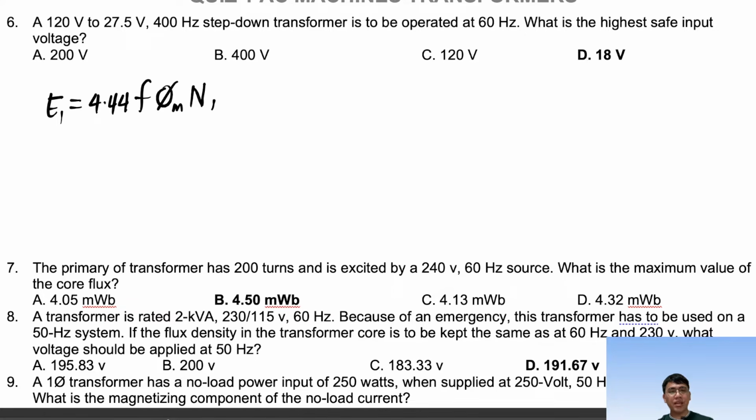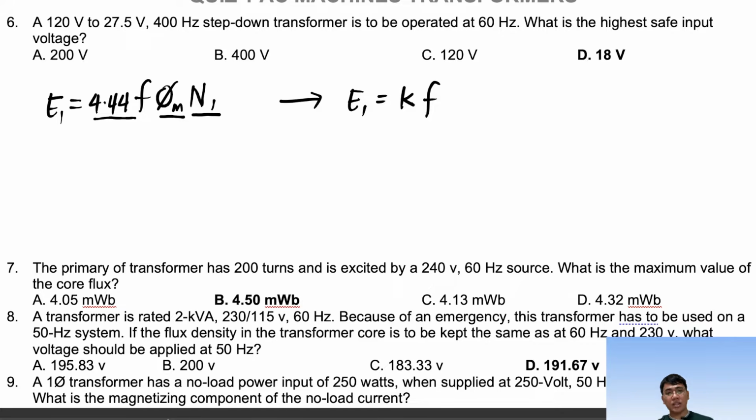And take note that 4.44, theta sub m, and N1 are going to be the same at 400 hertz and 60 hertz, because we are going to use the same transformer. So let's keep it brief. We say E1 is equivalent to K times f, since 4.44, theta sub m, and N1 will be constant.